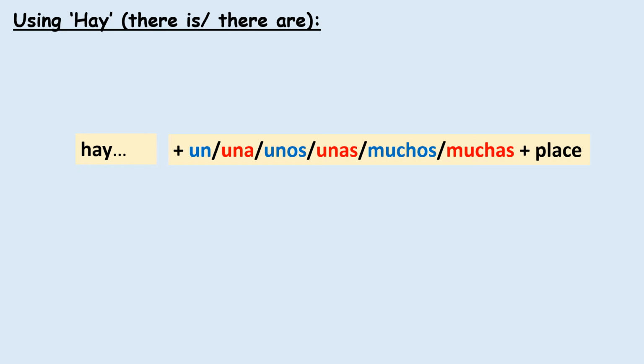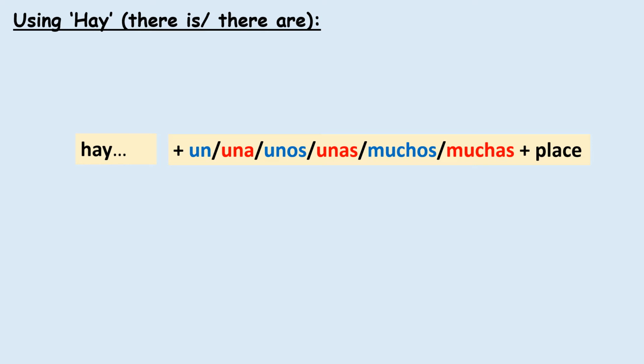Let's see how to use hay to say what there is or there are in our city. So we're going to start saying hay, and then we're going to add the place in town. But we need to add the article, either un, una, unos, unas, muchos, or muchas. And that's going to depend on what we want to say as well as the gender of the place.